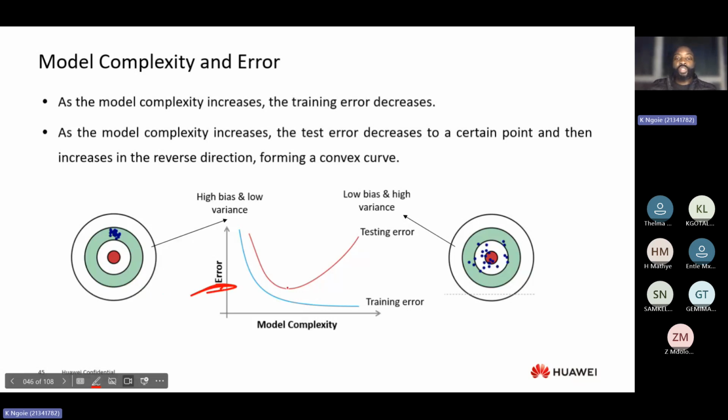We get to a certain point like this, for example, here. At this point, the training error is minimum and the testing error is also minimum. But if you continue training your model, now this testing error starts increasing. So you went from a good model to a bad model. Why? Because you are training it maybe 1,000 times.